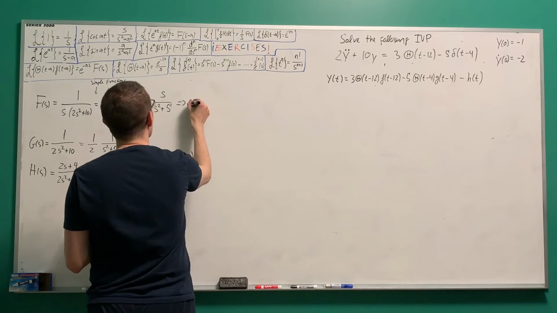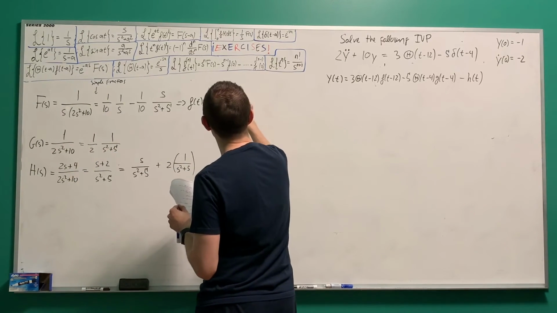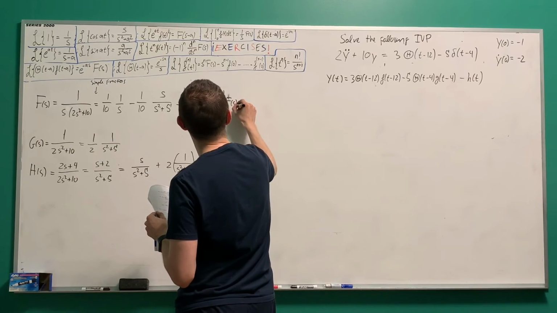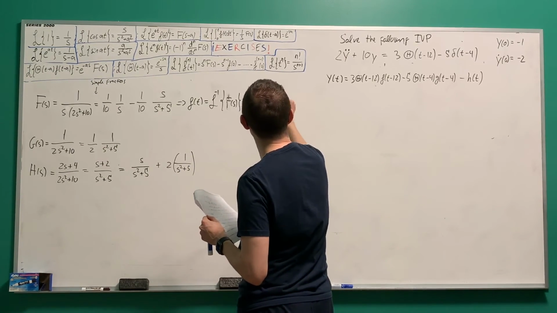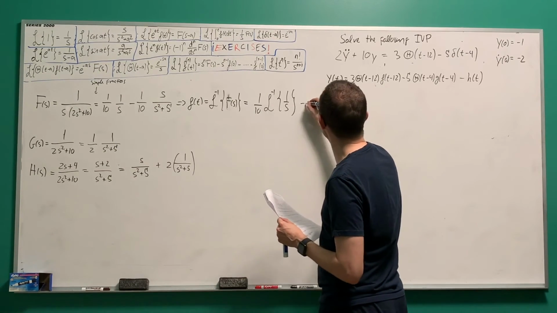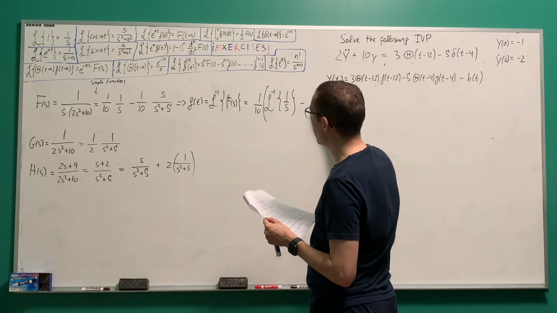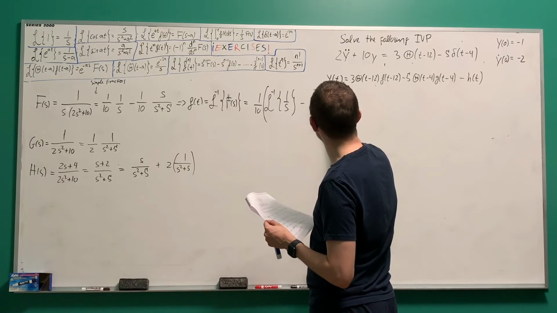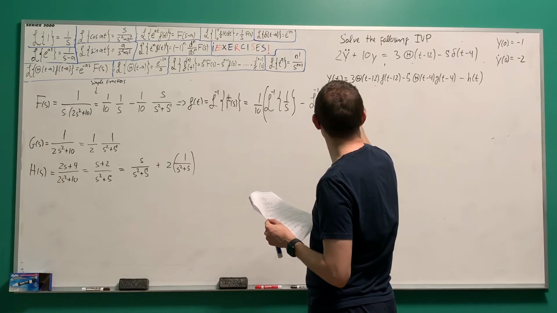So f of t, which is of course the inverse Laplace of capital F of s, is equal to 1 over 10 inverse Laplace of 1 over s. Oh, there you go, your constant solution. Minus, so the 1 over 10 multiplies everything, right? This would be inverse Laplace of s divided by s squared plus 5.